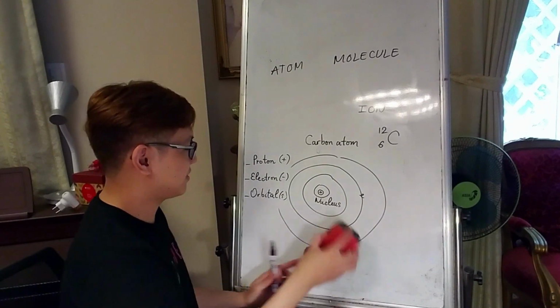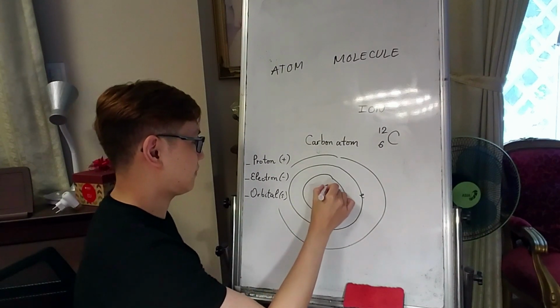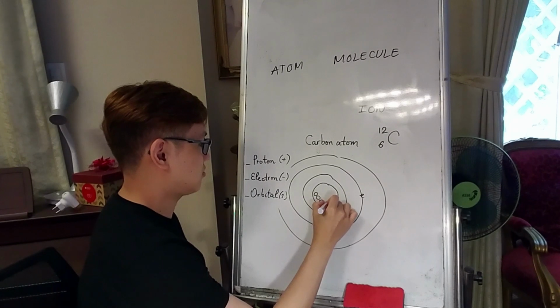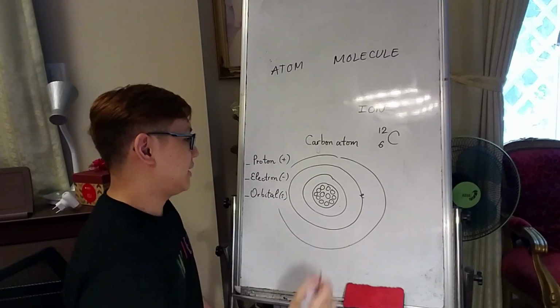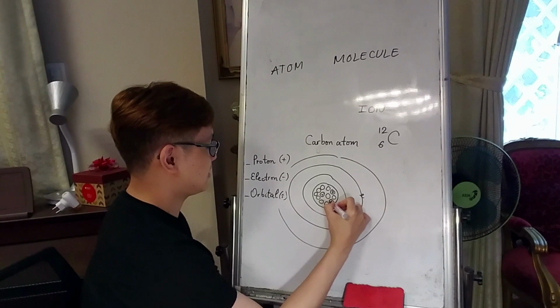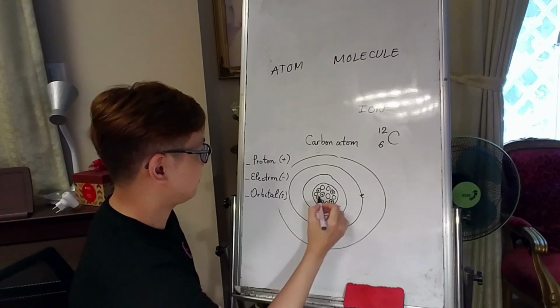I'm gonna have to redraw it because it's gonna be too small here. Okay, there are gonna be 6 protons, which are positive, positive, positive, positive, and then positive. Oh, one more.